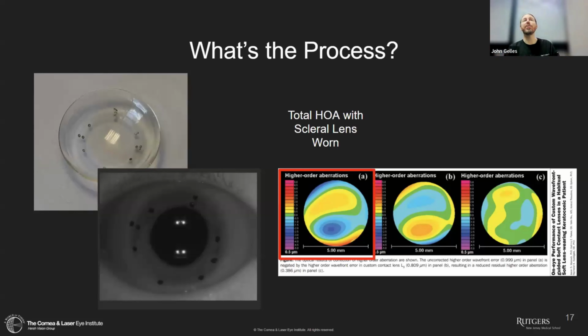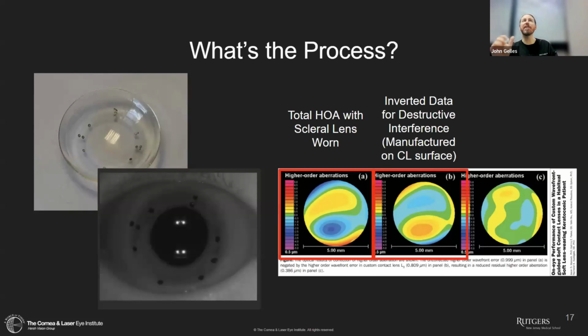What we'll do then is in the lab, we'll invert that data so that we can create our destructive interference pattern. And then we'll manufacture that into the optic of the lens at the decentration and rotation that was calculated based off of the location of the lens. And then when the patient wears the wavefront guided optic, we'll have the destructive interference going because we're adding to it the inverted data.